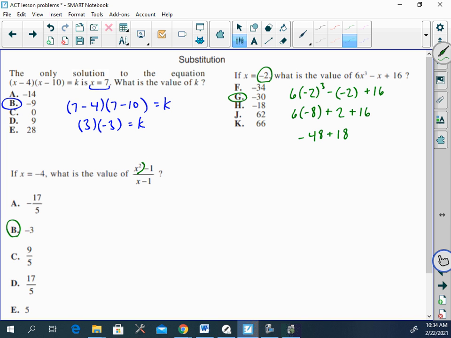So if we're doing x squared here, you have to remember that's negative 4 times negative 4, which would give me 16 minus 1 on top. And then on bottom, we're plugging in negative 4 minus 1, so negative 5. And then you can see in the numerator, I've got 15 divided by negative 5, so I get negative 3 for that answer.